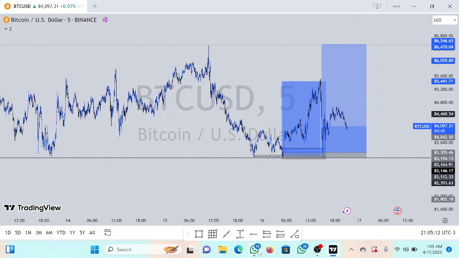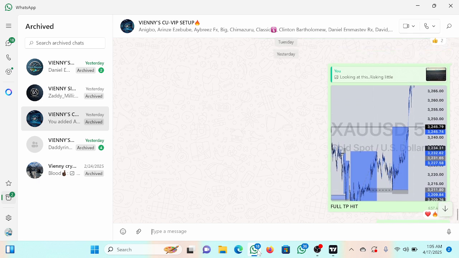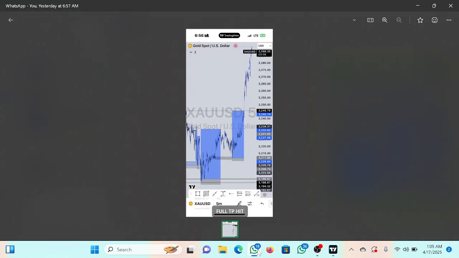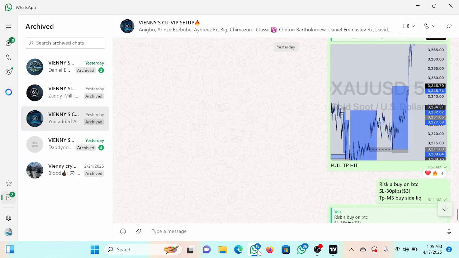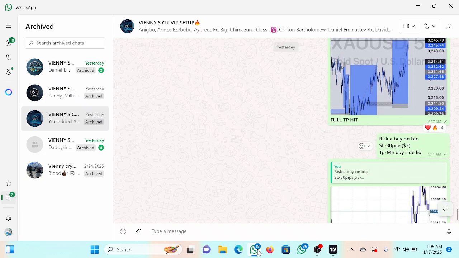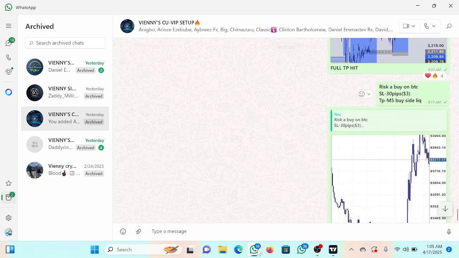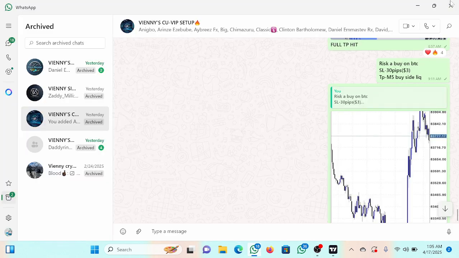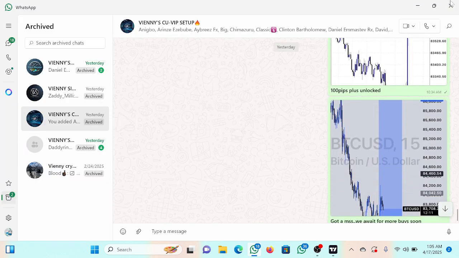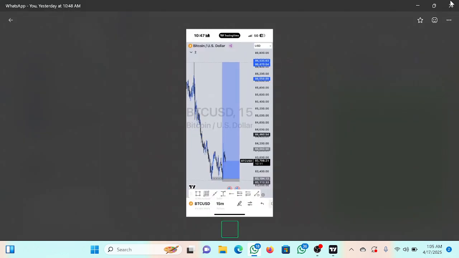This is my group which I shared my setups. This was the ending of our last class, which finally hit TP. I took a buy and gave it out to my free group. This is my execution. When it hit 100 pips, we were actually moving.